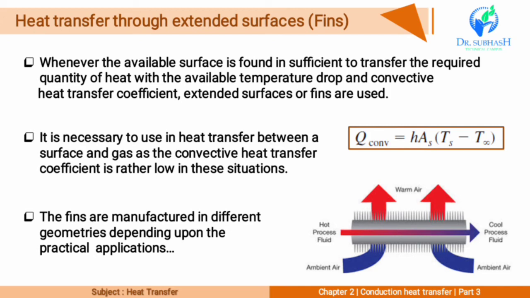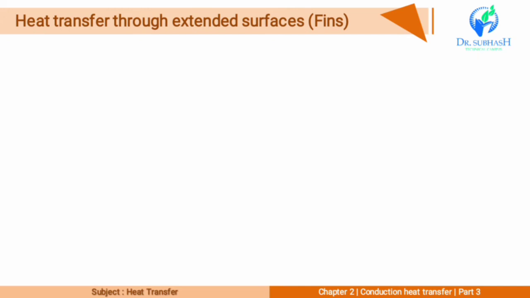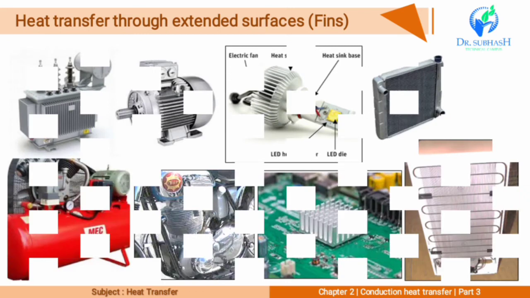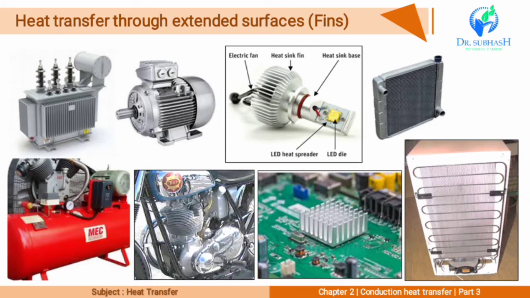The fins are manufactured in different geometries depending upon the practical applications, like economizers in steam power plants, convectors for steam and hot water heating systems, radiators of automobiles, air cooled engine cylinder heads, cooling coils and condenser coils in refrigerators and air conditioners, small capacity compressors, electric motor bodies, transformers and electric equipment.